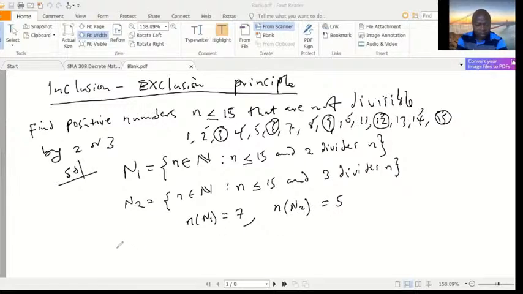So what does the inclusion-exclusion principle say? It says that the number of elements which are divisible by 2 or 3 would be the number of elements in N1 plus the number of elements in N2 minus the number of elements in the intersection.